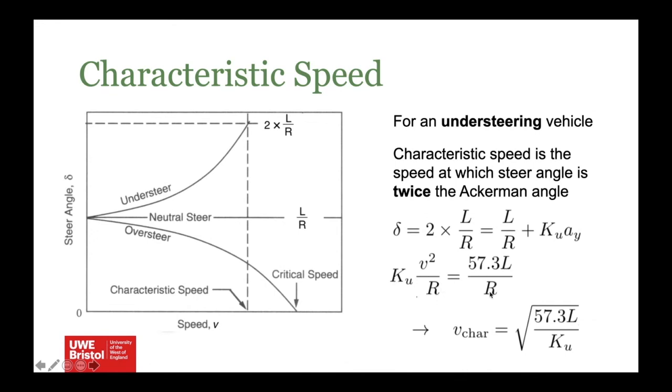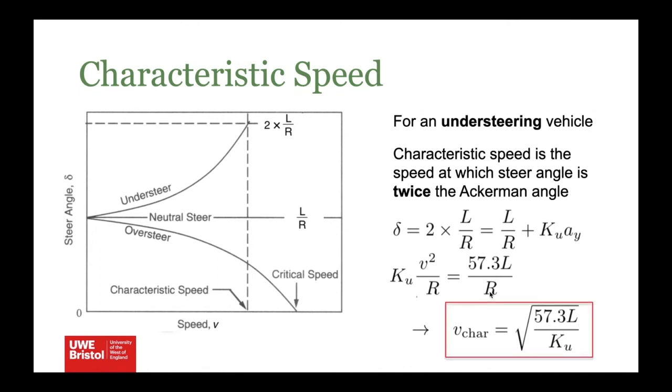So irrespective of the radius of the corner, you can work out the characteristic speed of the car, and it's based purely on the wheelbase and the understeer gradient. Again, the longer the wheelbase, the higher the characteristic speed is going to be in the vehicle. So that's the characteristic speed.